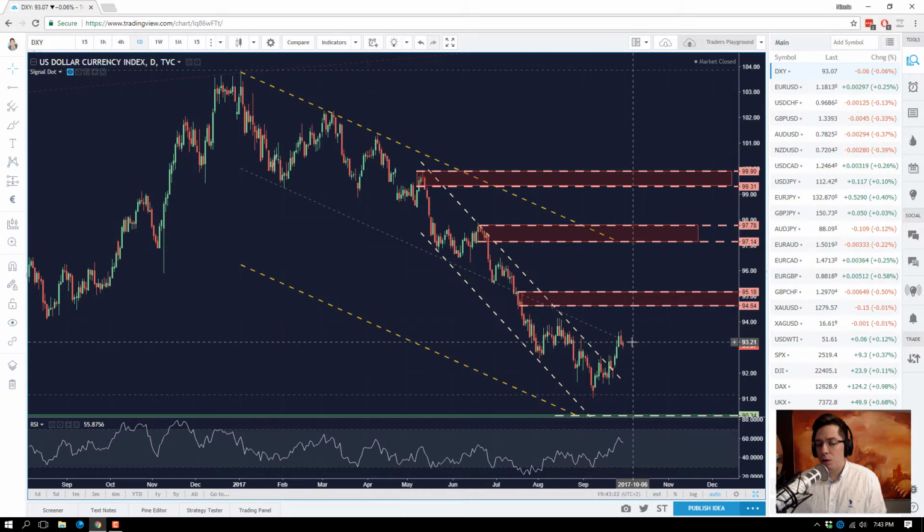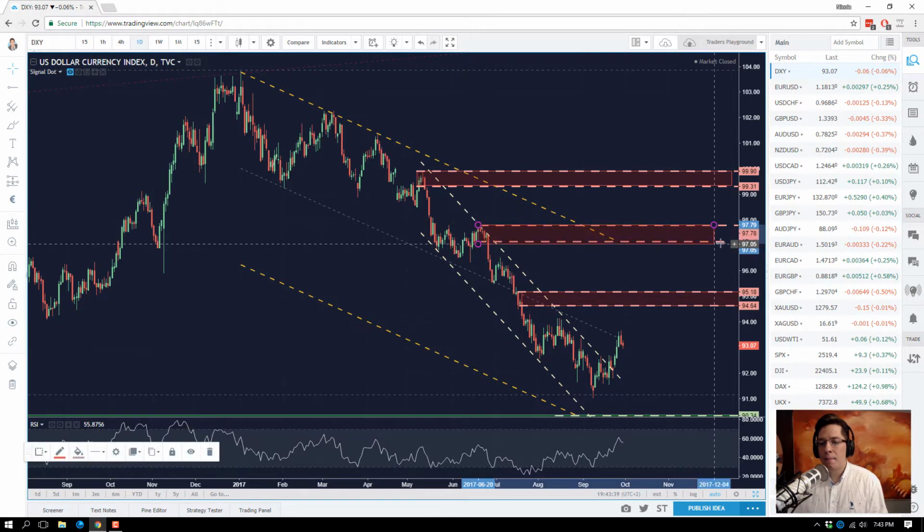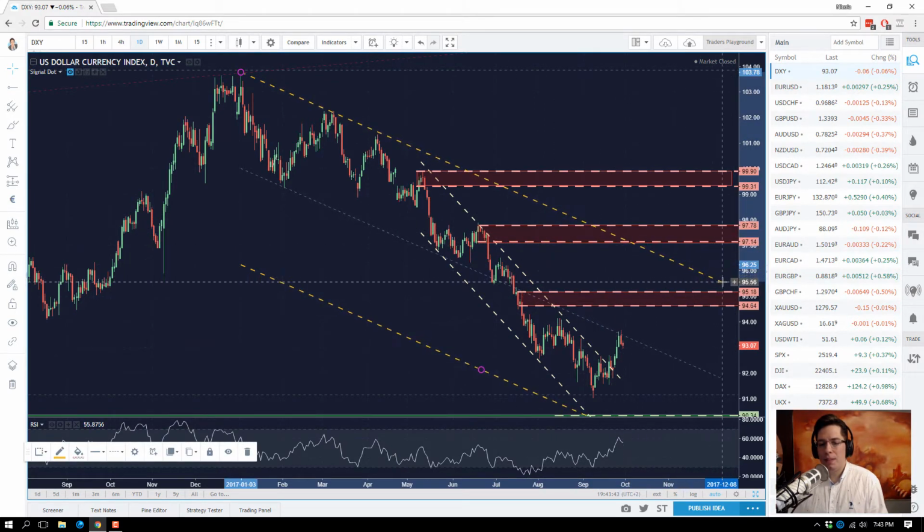But for now, short term at least, we can expect to see a recovery back to this zone over here, 94.64, 95.18, and if that pushes higher, probably 97.40, 97.78. Now definitely this zone over here is going to match the larger channel.